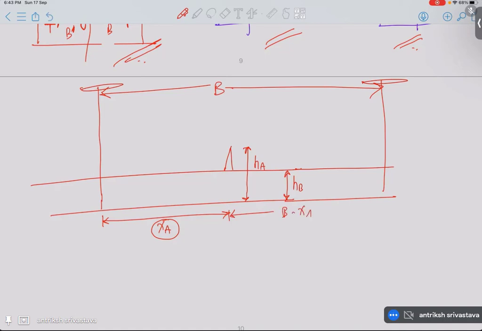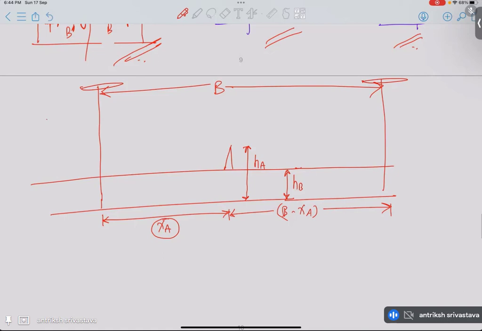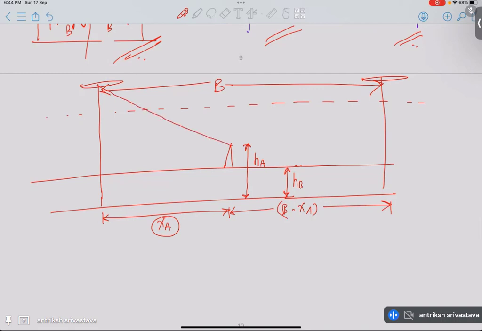b minus xa, right? So if this is the focal plane and this is the photograph, I can write this as r1 for the top. So this is the height of flight, which is the same for both, and this is our another triangle.